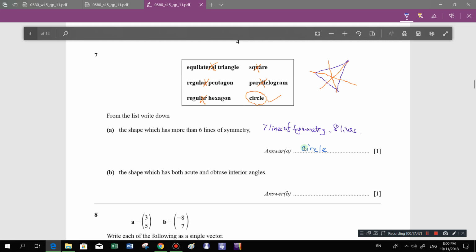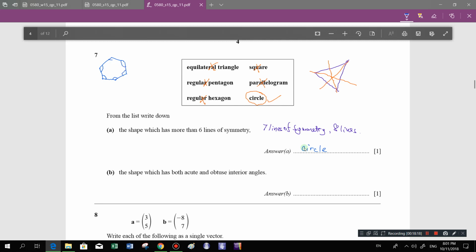As far as you know, okay, let's look at this. See, for any polygon, you can see this is both acute. Okay, you can see that here, here, all these are obtuse.